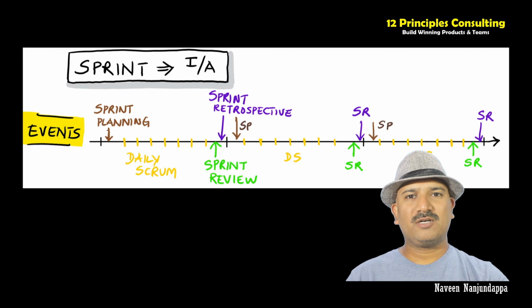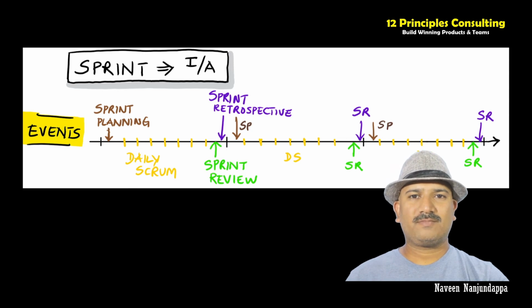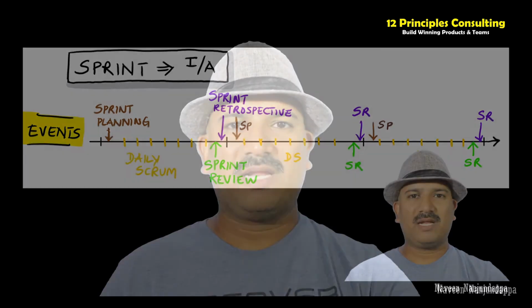So in simple terms, inspect and adapt is the core aspect of Scrum. If you remove inspect and adapt from the Scrum framework, it is going to result in pure command and control. Think about it. You remove inspect and adapt from sprint planning meeting, it becomes a plan driven approach and a command and control.